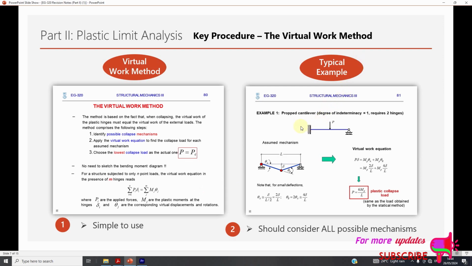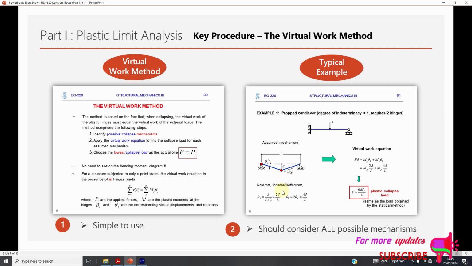Typical example. Example 1, propped cantilever, degree of indeterminacy equals 1, requires 2 hinges. So you can see this one is fixed at this point and is pinned at this point. So the assumed mechanism is as follows, where here there's some degree of freedom, but here is assumed to be pinned, but it can only move in this direction.